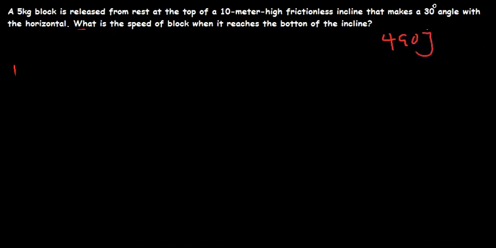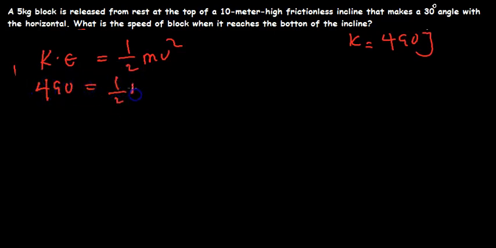So at this point, we are going to be focusing on the kinetic energy, which we said is a half mv squared. Kinetic energy, we said, is 490. Here it is going to be 490 equal to a half mv squared.